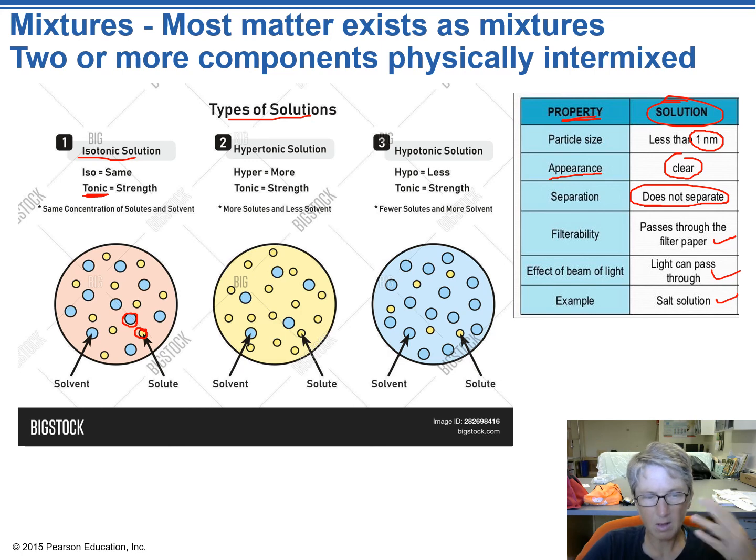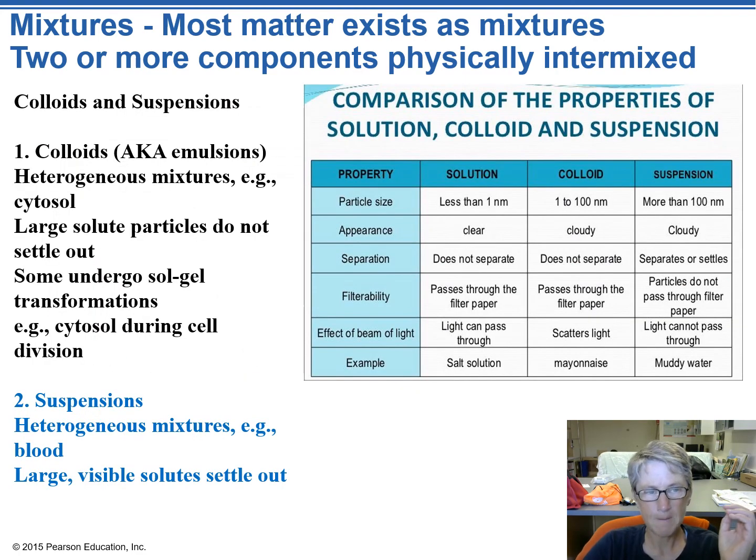So if there's 10 solute molecules in this cartoon, there's 10 solvent molecules. If you are a hypertonic solution, that means you have more solute particles than you do solvent particles. And if you are a hypotonic solution, that means you have less solute molecules than you do solvent molecules. So isotonic, hypertonic, and hypotonic are types of solutions.